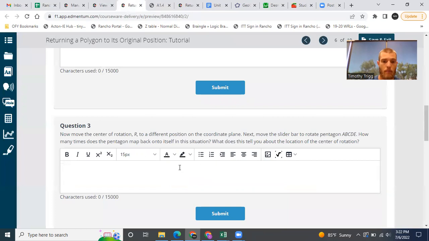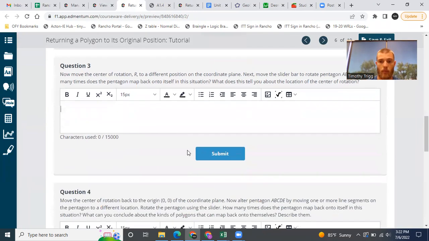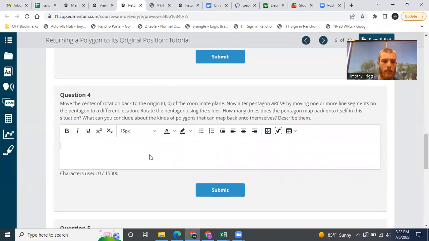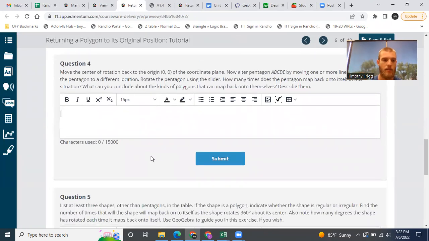So that's what I want you to say here: when we move the center of rotation, there was only one angle where it lined on top of itself, and that angle was 360 degrees rotation. And it doesn't matter where you move R in that case.